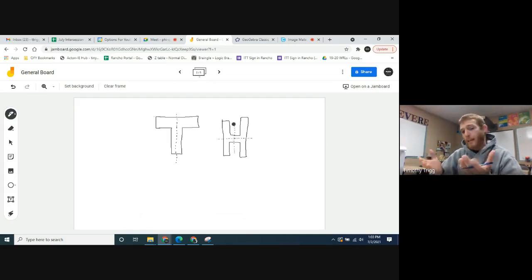If you fold it along that line, you would have the H on top of itself again. So some shapes have one line of symmetry, some have two, three. Some shapes have infinite lines of symmetry. In fact, a circle has infinite lines of symmetry. And some shapes don't have any lines of symmetry at all. But that's what this discussion is going to be about.